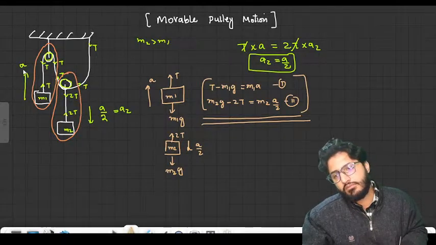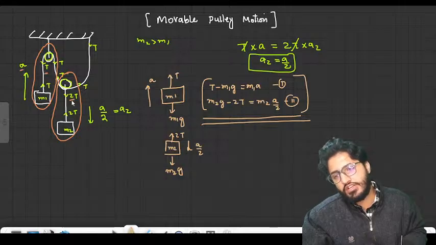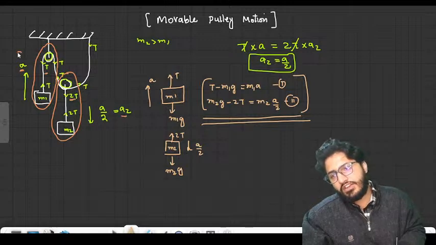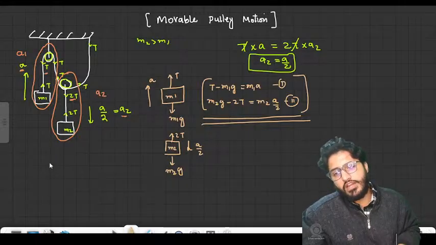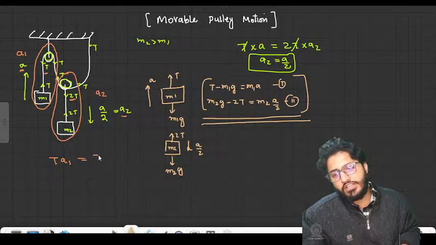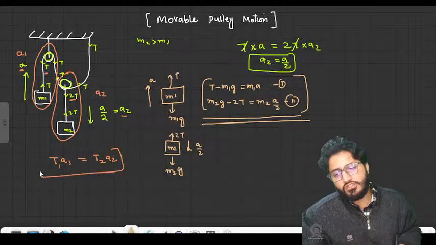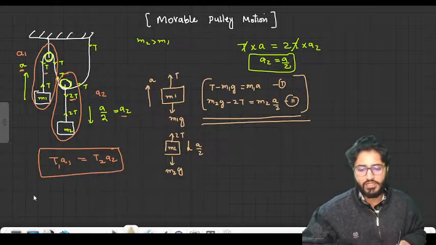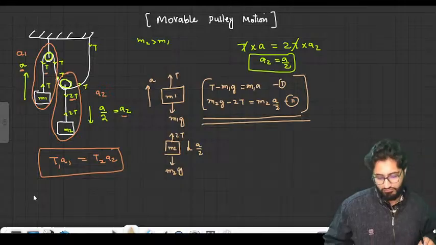Do one thing: multiply tension with acceleration, tension with acceleration. If here acceleration is A1, here acceleration is A2, what will you write? You will write tension into A1 equals tension, that is T2, into A2. This is the main thing that you need to write. Tension A1, tension A2.